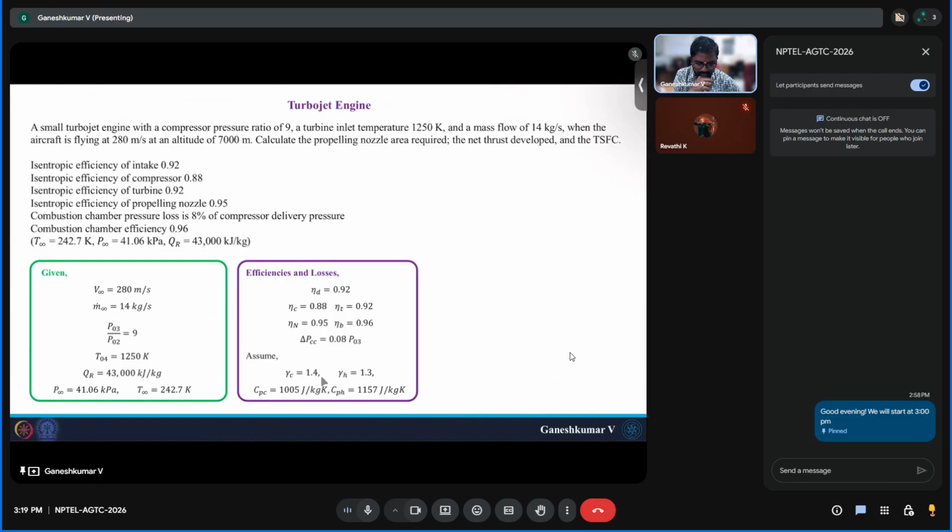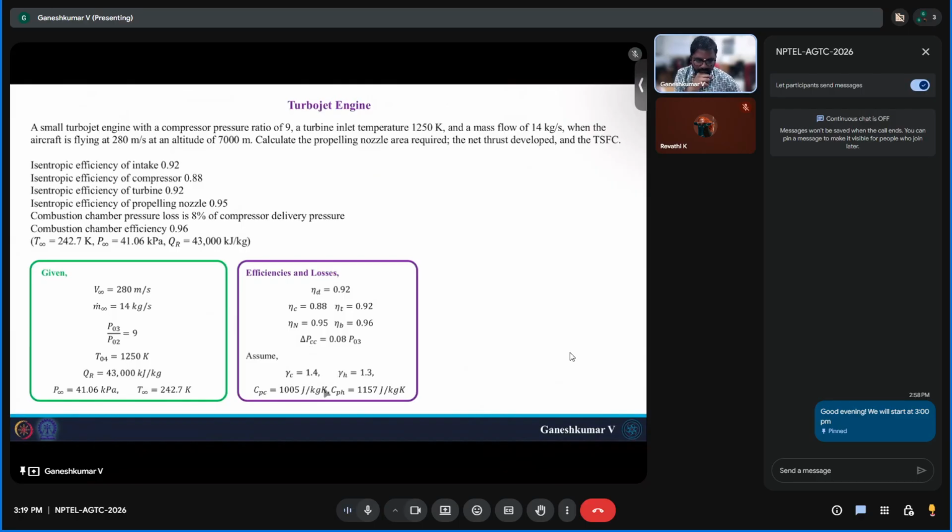In addition, ideally this also should be given, like the specific heat ratios and the specific heats of the air and the flue gases or hot gases coming out of the combustion chamber. Here in this question, it wasn't given, so I'm assuming it.